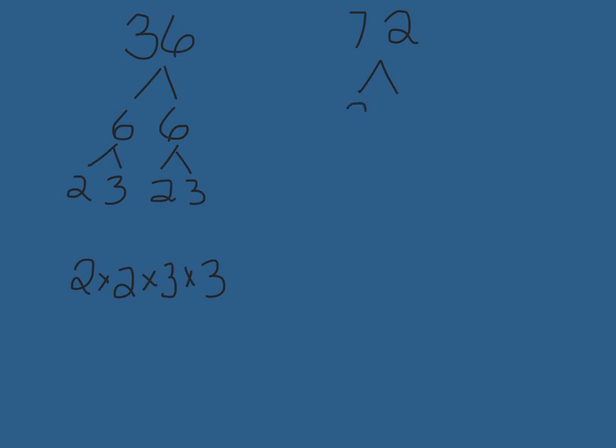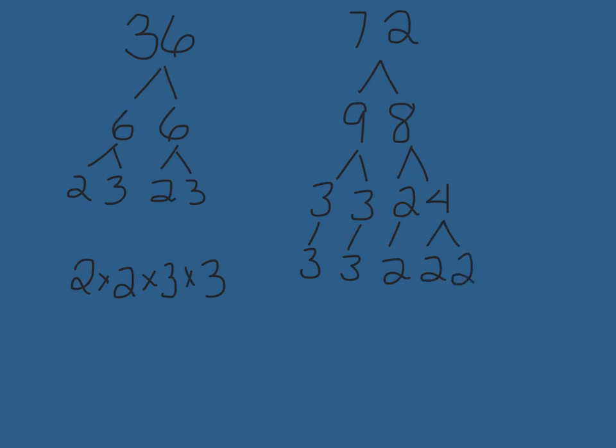That would be 9 times 8. 9 would be 3 times 3, and 8 is 2 times 4. So this one is prime, prime, prime, and then 2 times 2. So when I write that in order, I have 2 times 2 times 2 times 3 times 3.